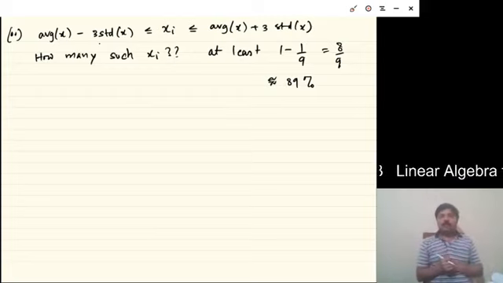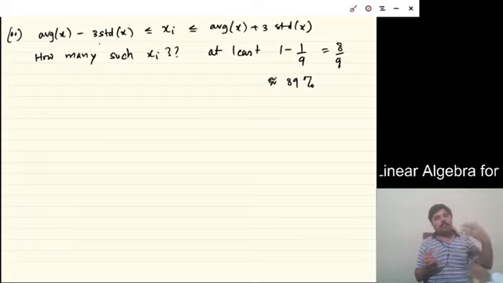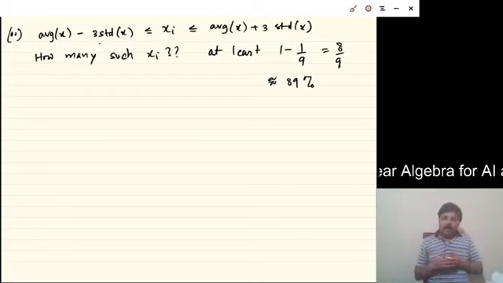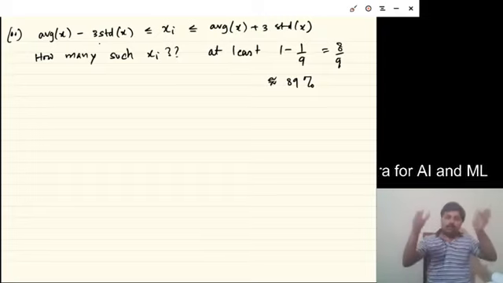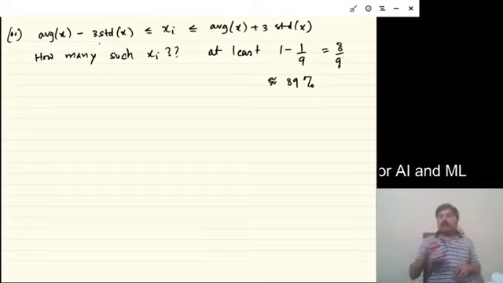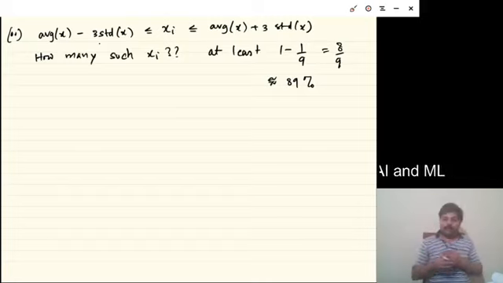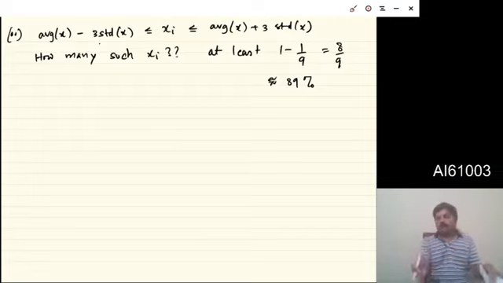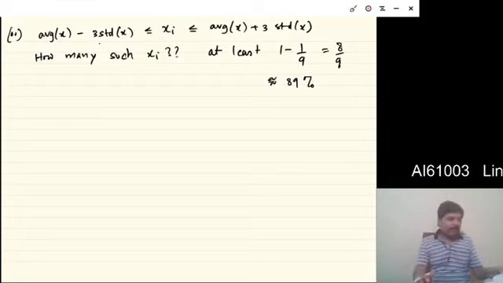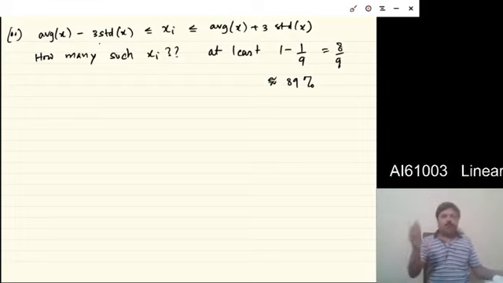But there are certain statistical distributions which are much more interesting, such as the normal distribution, which says that almost all entries should lie within this 6 sigma band, 99.99% of the entries. Here we are saying at least 89% of the entries should lie within this 6 sigma limit. At least means that is the lower bound. It has to satisfy 89%, but it can be more than 89%.